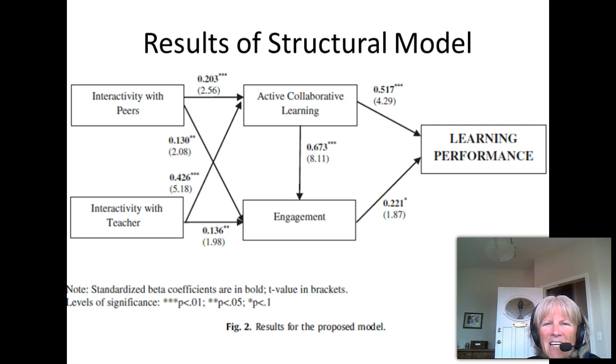So that's kind of it in a nutshell. I don't want to spend too much effort talking about all of the values. I think the ones that I discussed are the ones that are most critical for you to understand in order to really get the gist of this particular study.